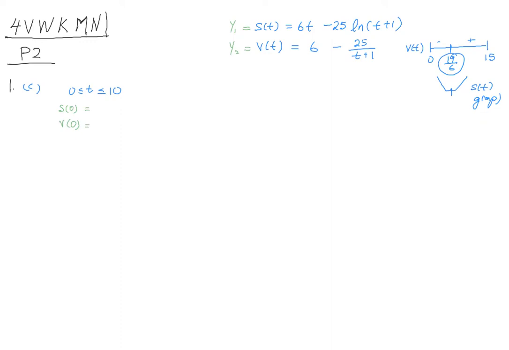When t equals 0, the velocity is negative 19 meters per second, correct? Then when it stops, here is where it stops. So this is the beginning point, then stop.